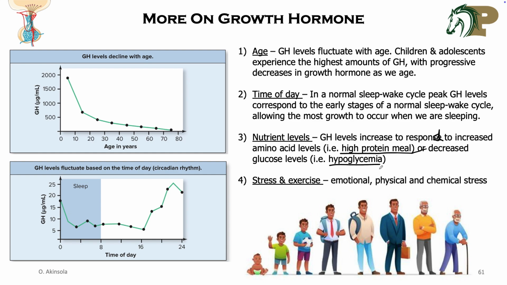And then stress and exercise. Emotional, physical, and chemical stress will increase growth hormone release. So those are some of the different things that can influence the levels of growth hormone in the body.